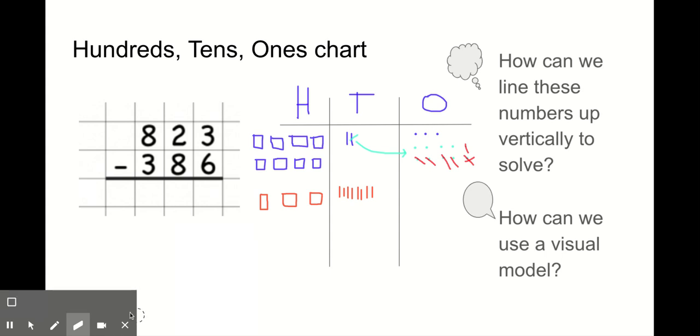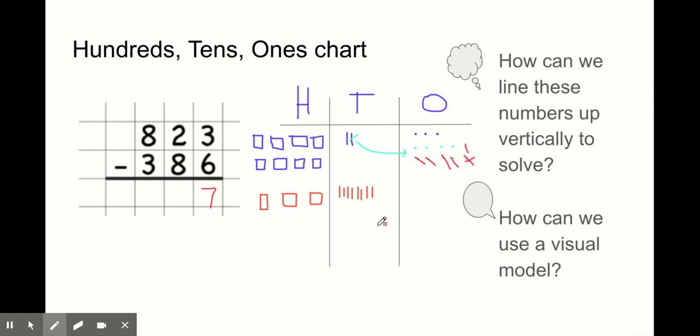I have 7 ones left. So 7 would go over here. Now, the reason I just erased those extra dots is because we aren't adding, we're subtracting. So I'm doing this as a visual model, but I don't want to confuse myself. So the blue dots are the only dots that matter.